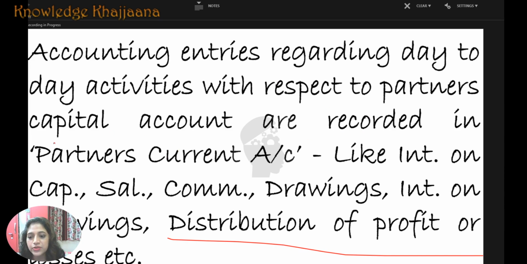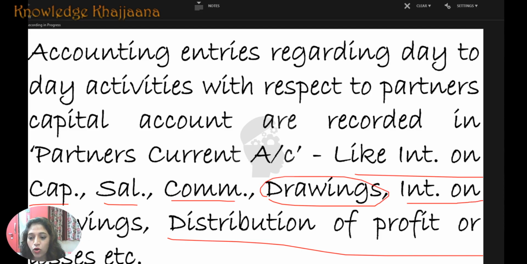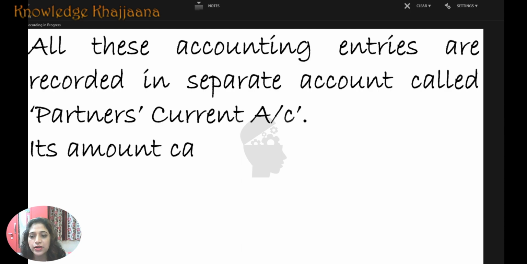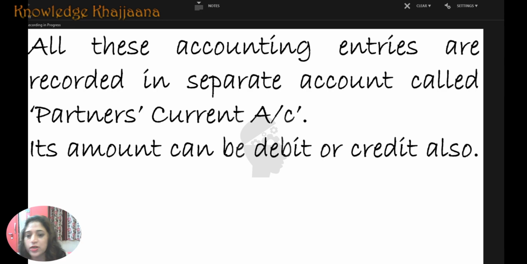Again and again I am revising: interest on capital to be given to the partners, salary to be given to the partners, commission to be given to the partners, drawings the partners have taken from the business, and we have to charge interest on the drawings taken. Distribution of profit or loss, all these accounting entries are recorded in a separate account called the partners' current account.